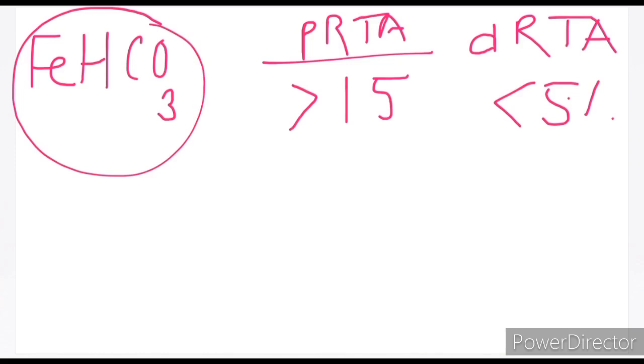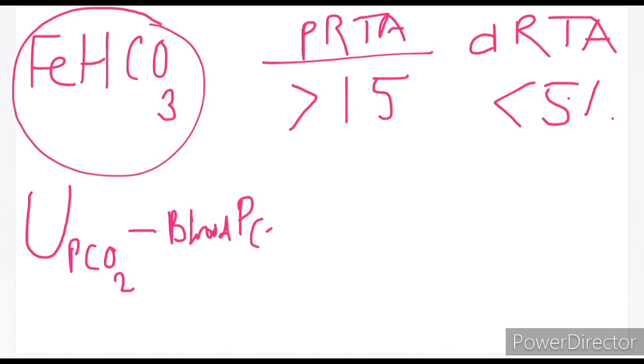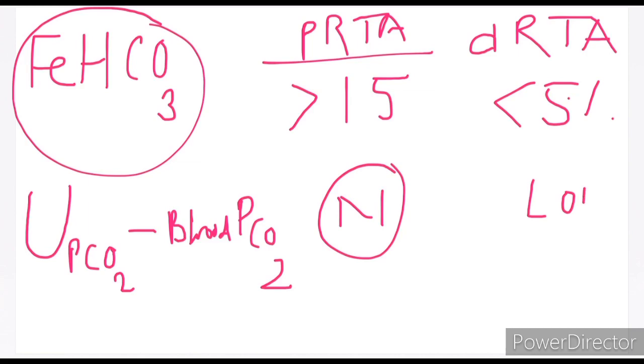One more term we have is the urinary PCO2 to blood PCO2 gradient. It is normal in case of proximal RTA, while it is low in case of distal RTA.